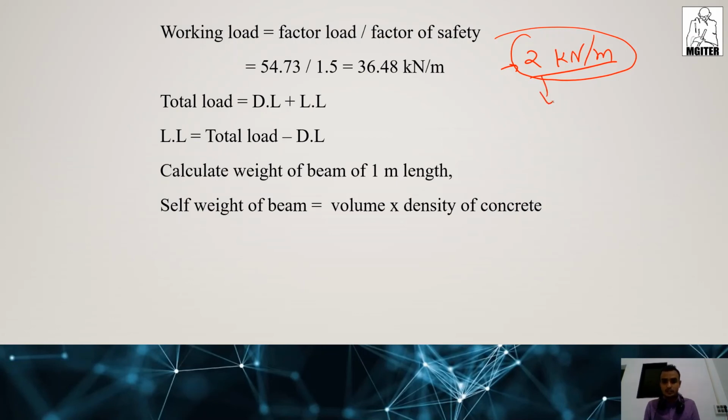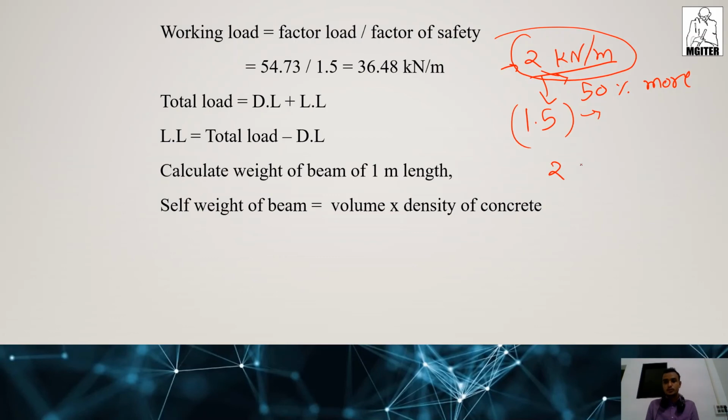So we design the structure by a factored load by multiplying by 1.5. Why do we multiply by 1.5? Because by 1.5 we assume 50% more.